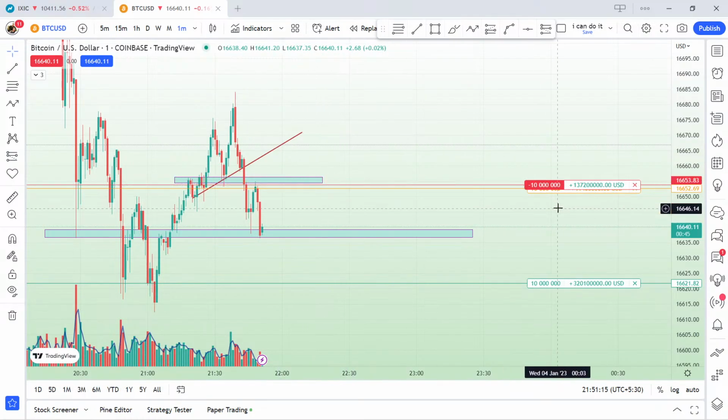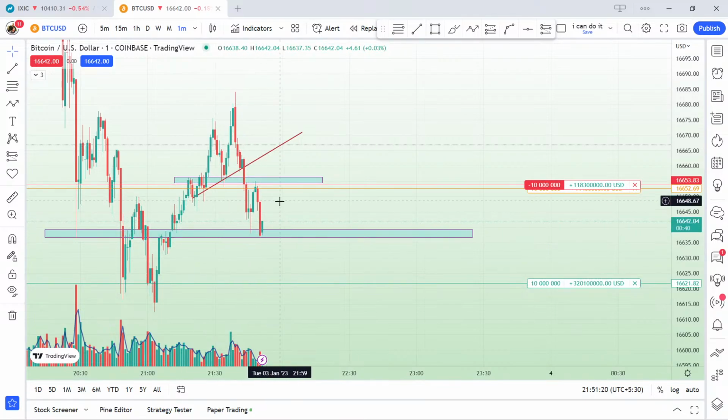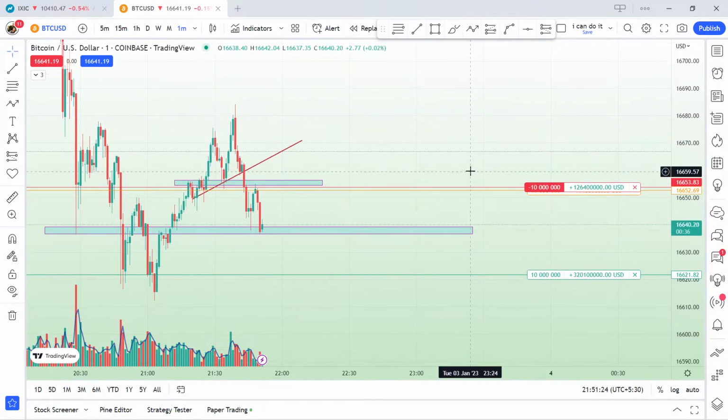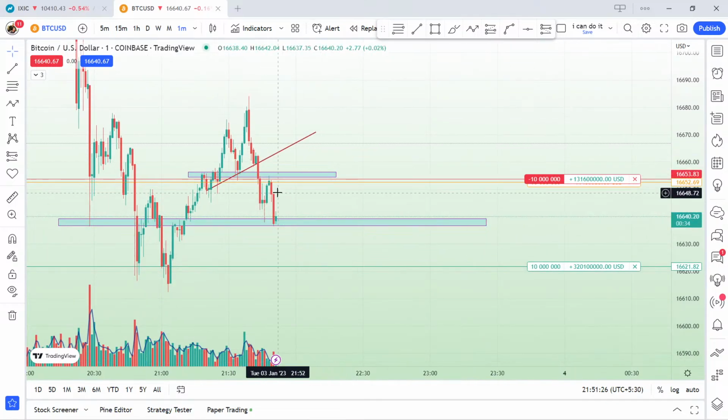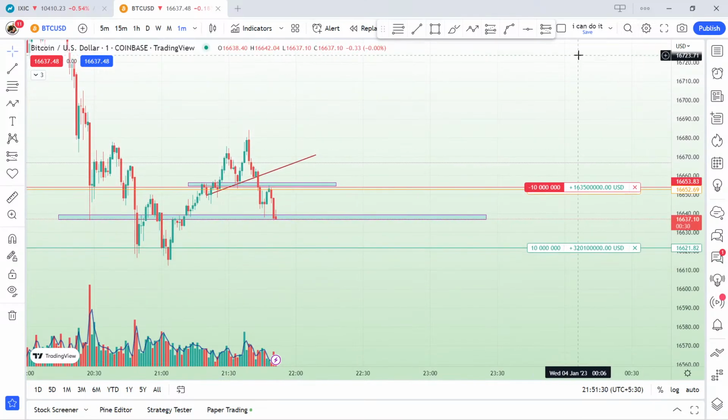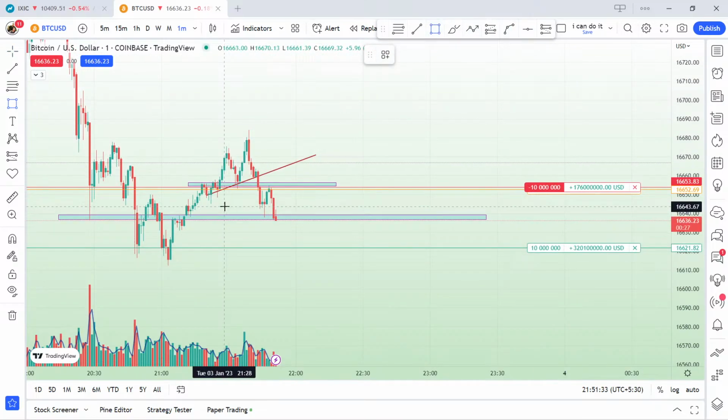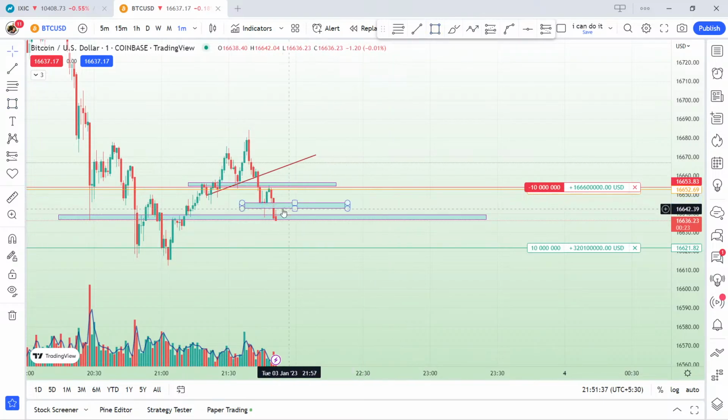I can even trail below here, but because of the big range here, I'm confident that if this is taken out, there's a low chance of the market going down. This candle is proof of another price action, where you see the wick, this area, this range, taken out.